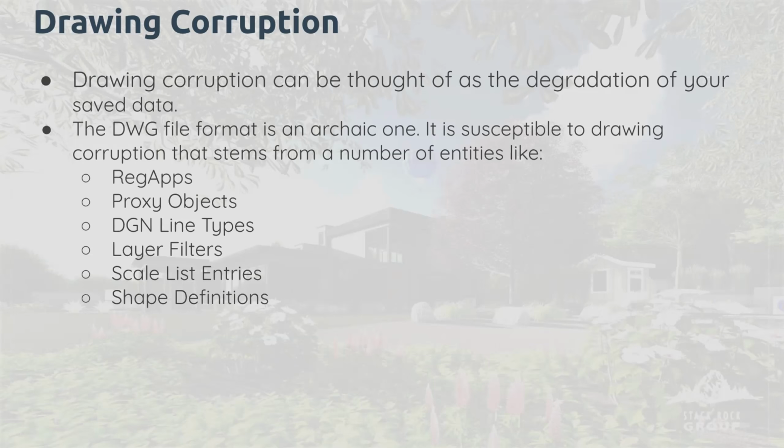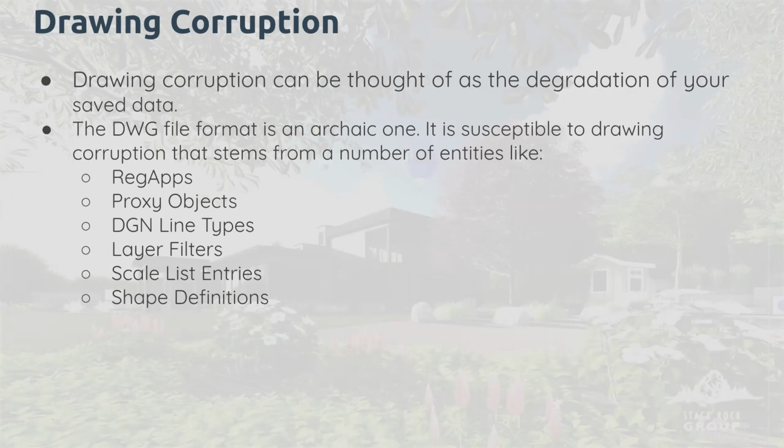These are going to be the most common entities that we see causing drawing corruption, and I listed them here in order of commonality from my point of view. Most of the time, I see Regaps are the most common thing causing drawing corruption, followed by proxy objects and so on. You may have some of these, you may have one of them, but when you have drawing corruption, these are going to be the big red flags.